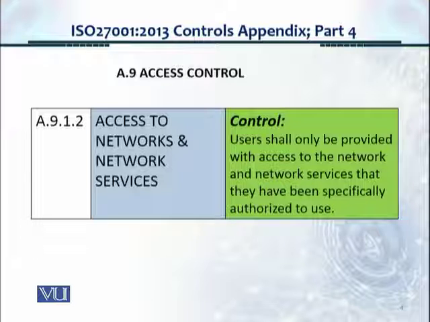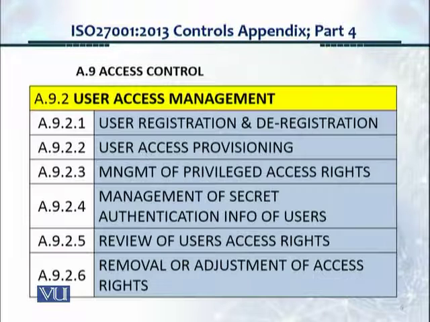So this would ensure that we are giving access to networks and network services through, let's say, network admission control, or through segregation of the network, or through authentication to a particular resource as well. And that is A.9.1.2.